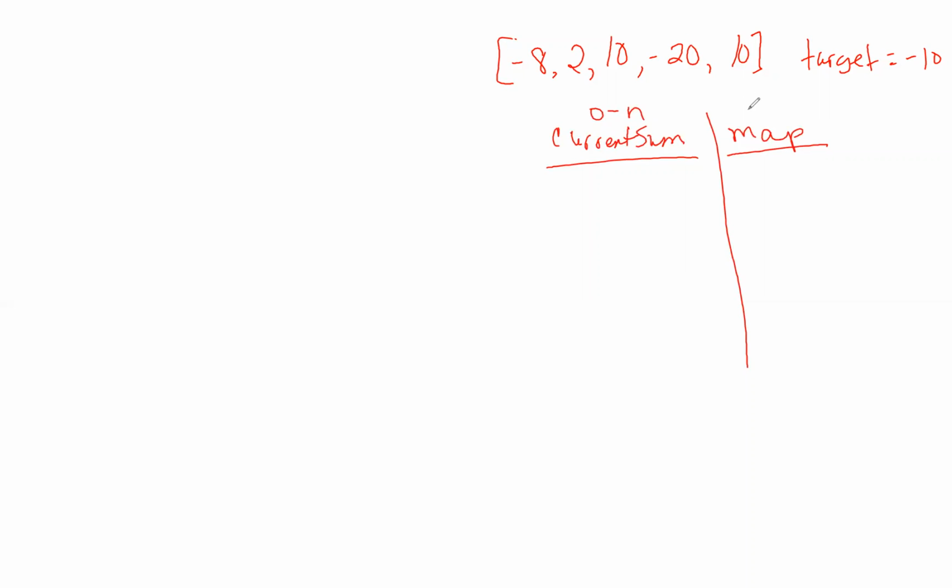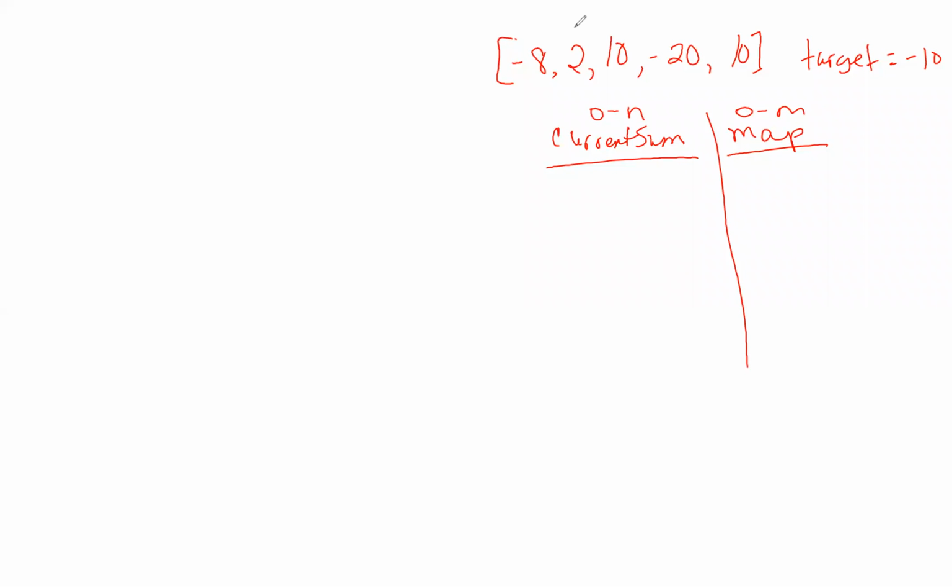So we can call the map being stored like 0 to m. So if current sum were the first two indices, then it's 0 to 1, where 1 is m.